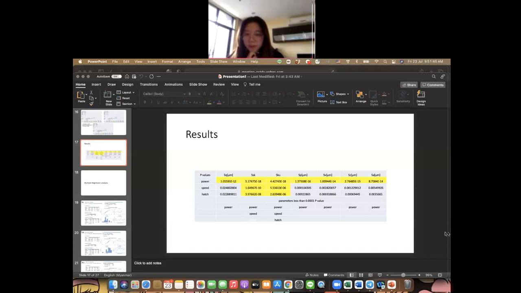What is your suggestion and why? If he wants to reduce the SSK, we can look at the three of them, power, speed, and hatch.